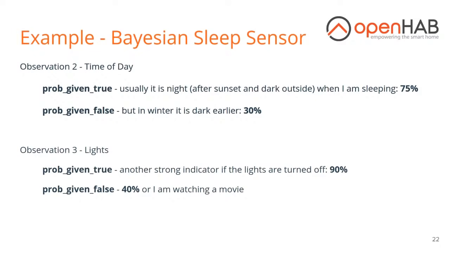The next observation is my lights. So when I'm sleeping, usually my lights are turned off. So we say it's 90%. But I maybe want to watch a movie, and my lights are turned off for that reason too. So we have a small probability that the lights are off when I'm not sleeping.